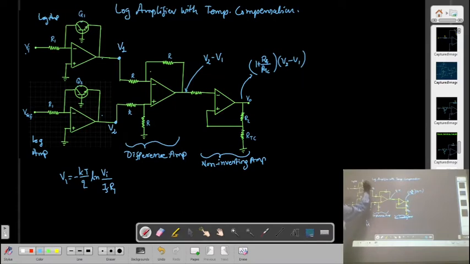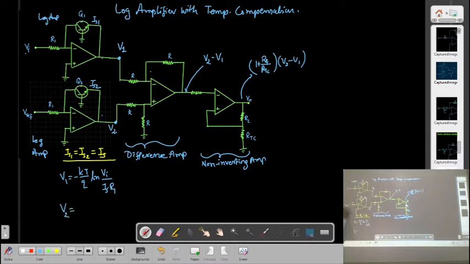So whatever the saturation current IS1 and the saturation current IS2 are, they will be the same. Remember, we are assuming that the transistors are identical. It means IS1 is equal to IS2 and that is equal to IS. And therefore here I have mentioned Is into R1.